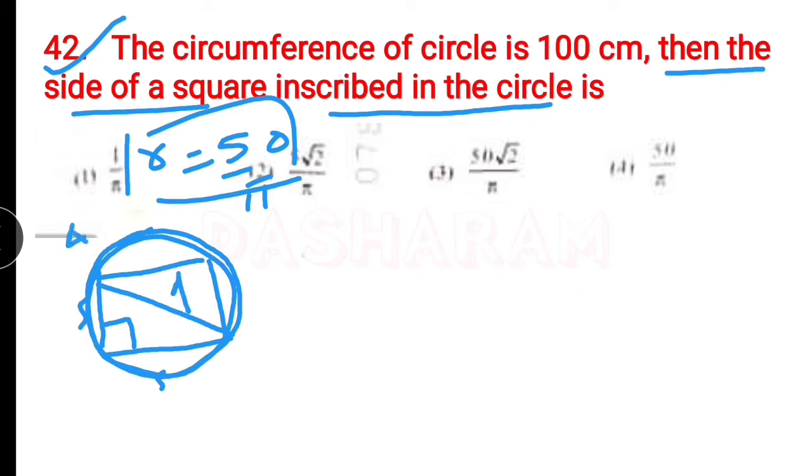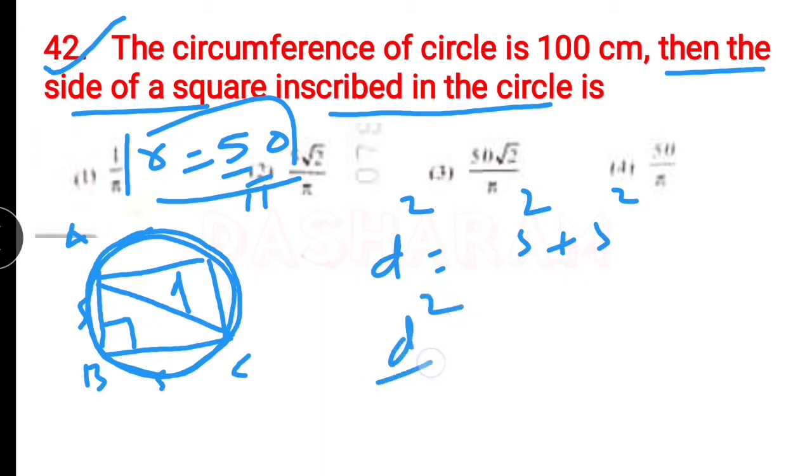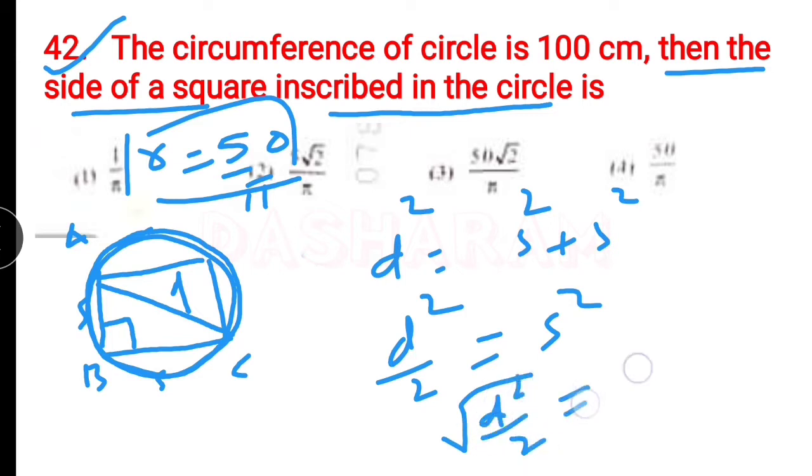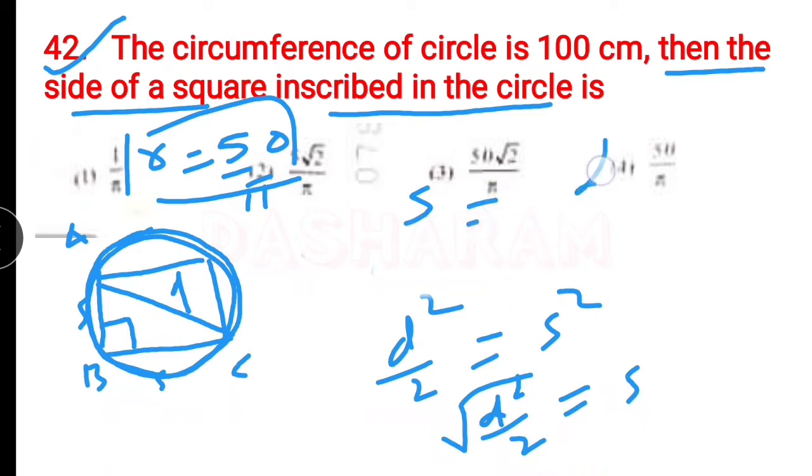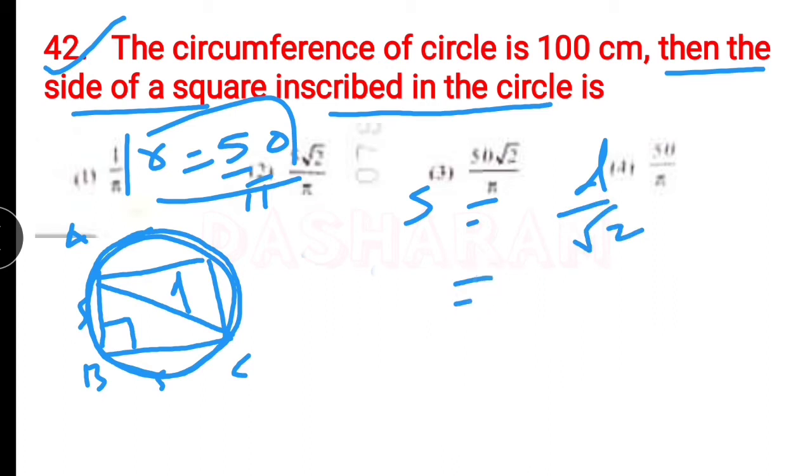For example, here in triangle ABC, you can apply the Pythagoras theorem. So diameter square equals side square plus side square. Then diameter square by 2 equals side square. Then side equals under root d square divided by 2, so side equals d divided by root 2. But d equals diameter, and diameter equals 2 times the radius.